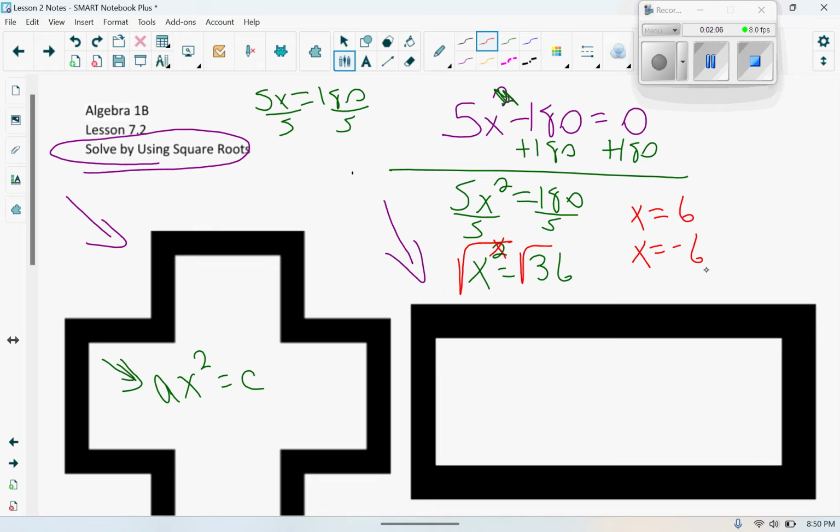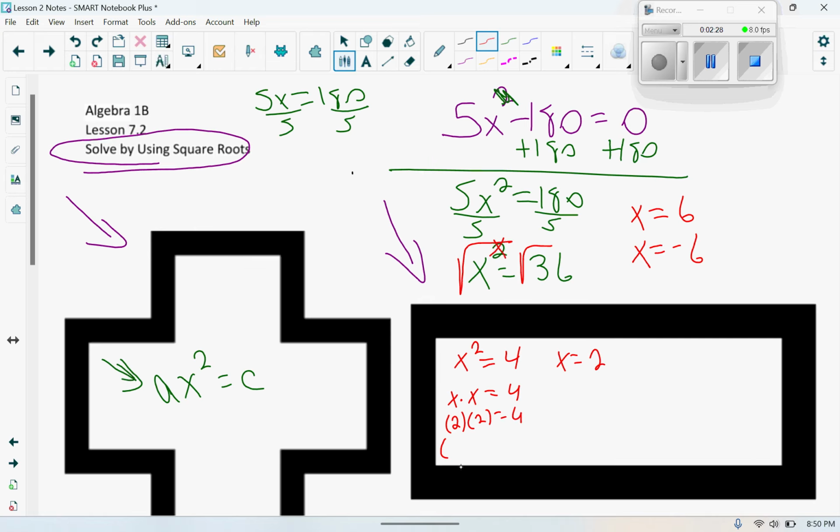So let's kind of look at this. If I had x squared equals 4, that's the same thing as x times x equals 4. So if I ask you, what number would work for x? Well, if I plug in 2, 2 times 2 equals 4, so 2 would work, so x is equal to 2.